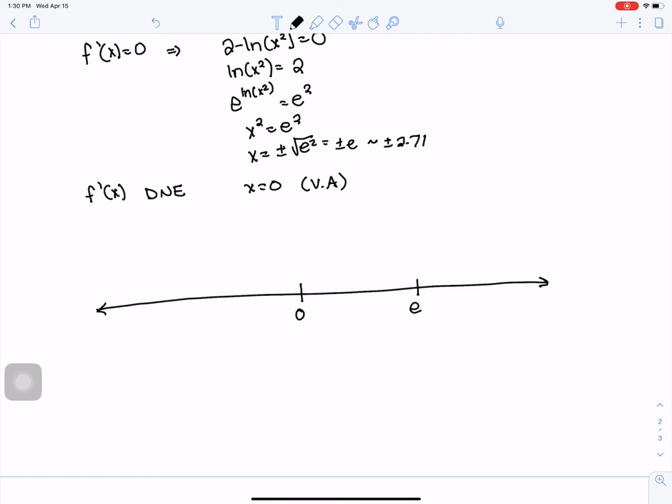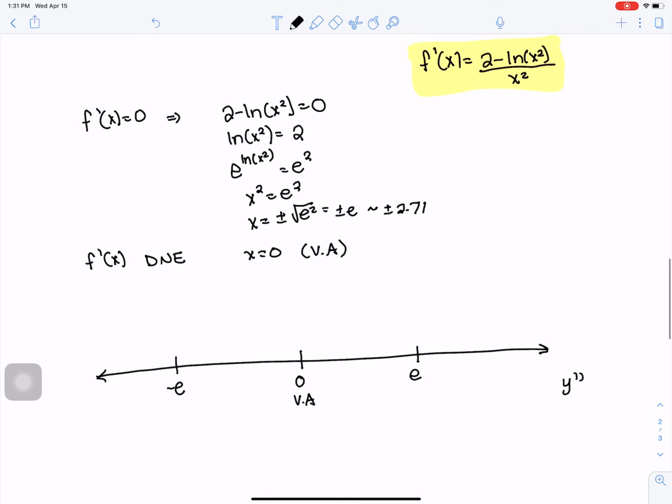Positive e, negative e, which are approximately 2.71. Vertical asymptote, and we're going to test the signs. So I take my derivative, I test the signs into this yellow function. Now you want to know that the ln of x graph looks something like this.